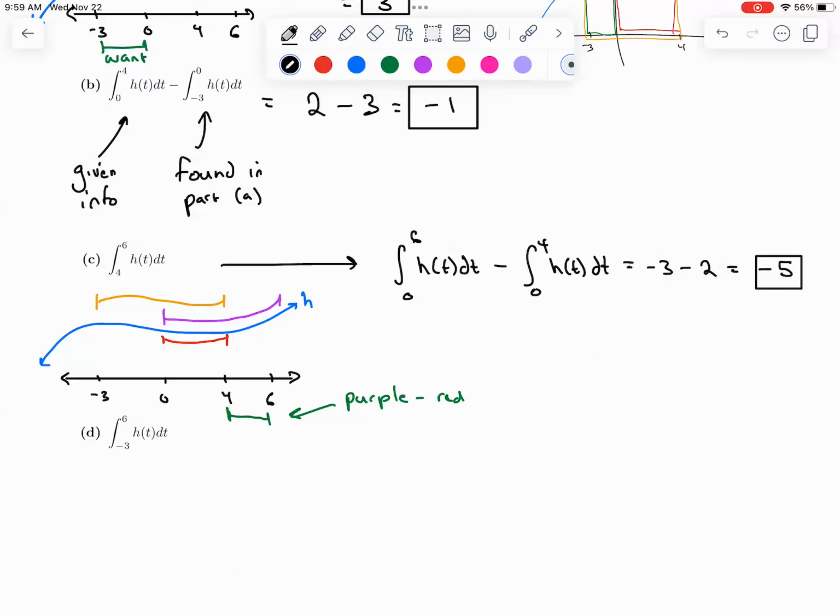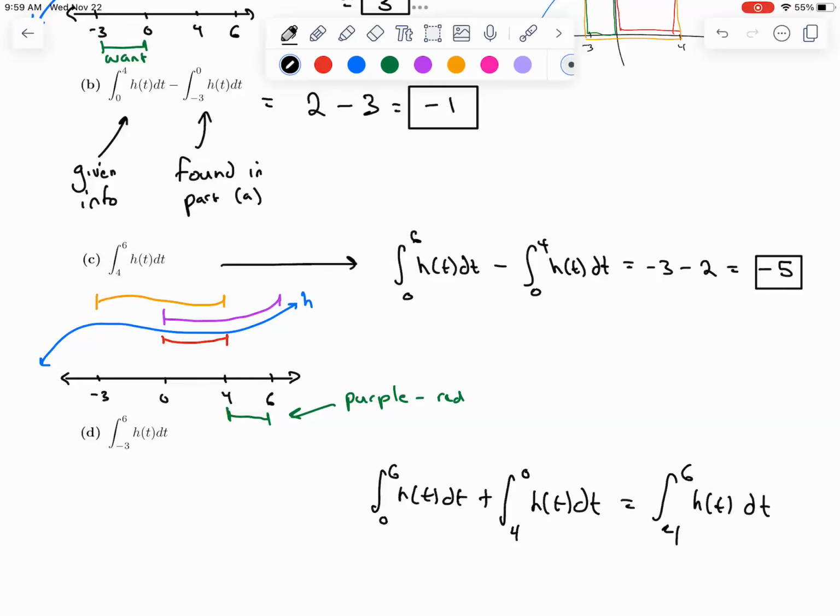So you could write the integral from 0 to 6 of h of t dt, and rewrite this as plus the integral from 4 to 0 of h of t dt, and that will equal the integral from 4 to 6 of h of t dt.